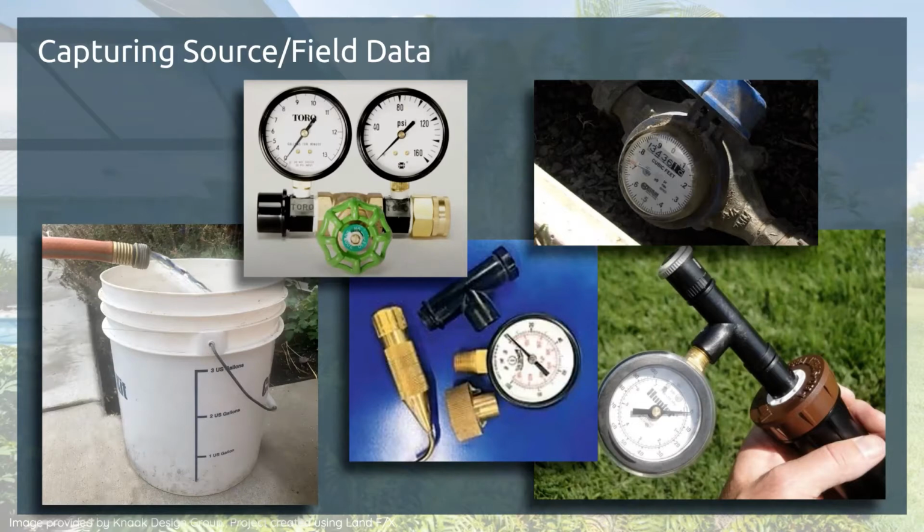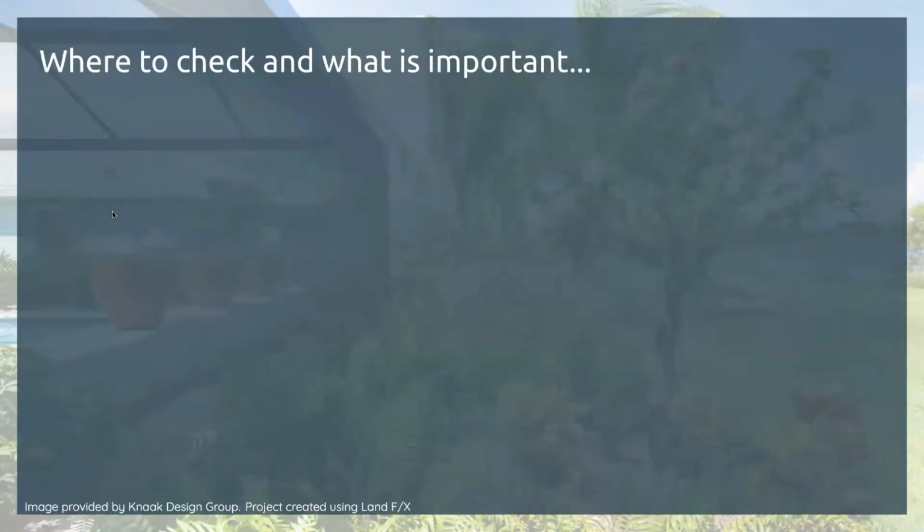So just as a little snapshot and example of things to use for capturing that actual source data that we need to use. So where do we actually check this stuff, and why is that important to us?